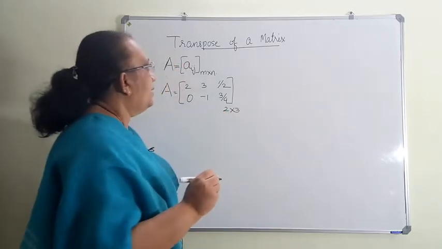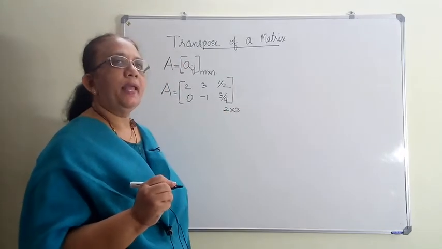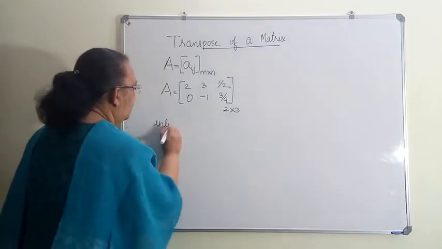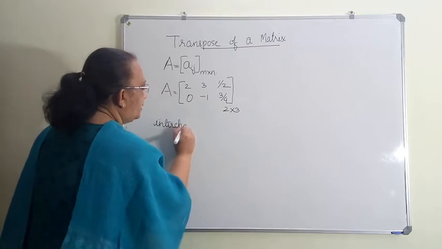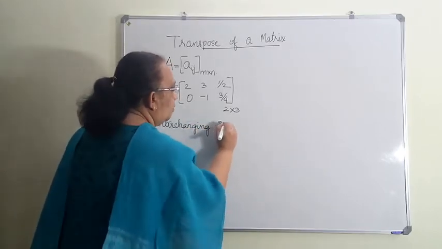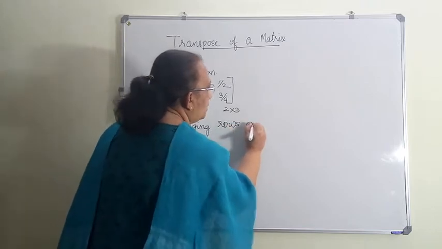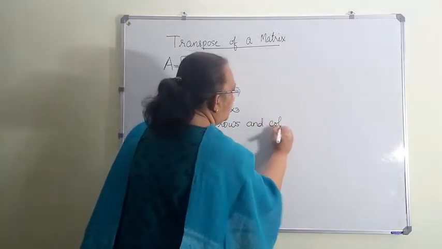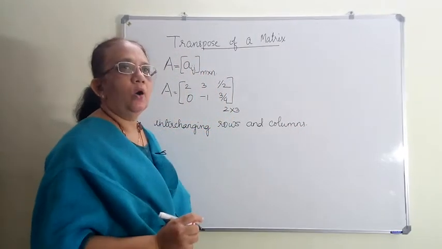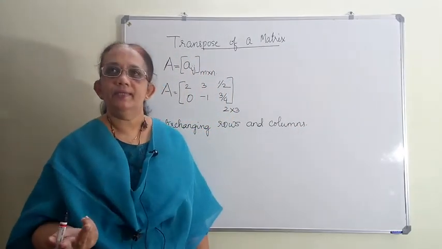Now, transpose of a matrix is obtained by interchanging rows and columns. What do you mean by interchanging?